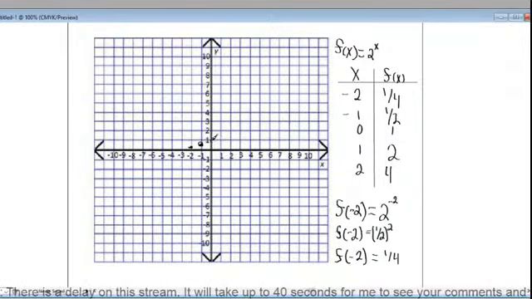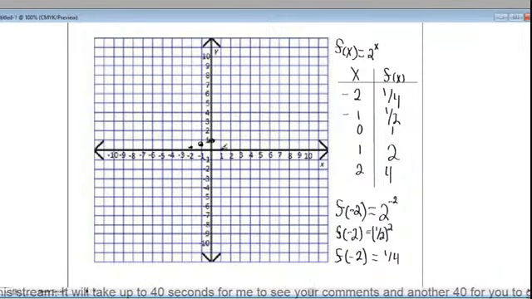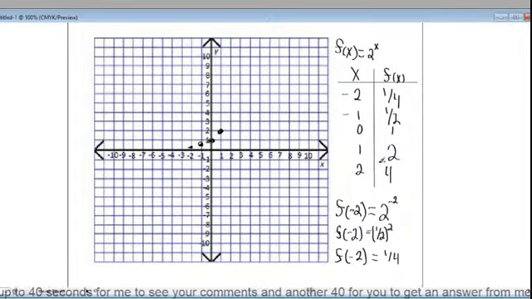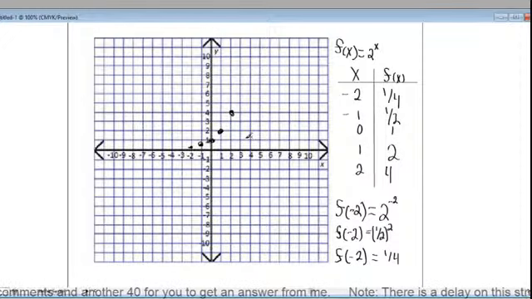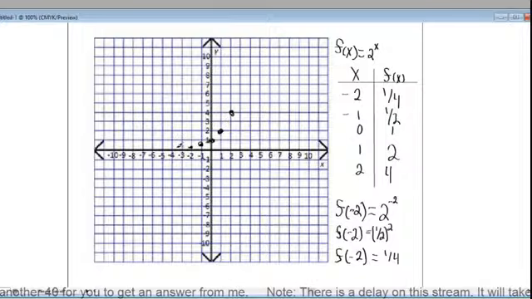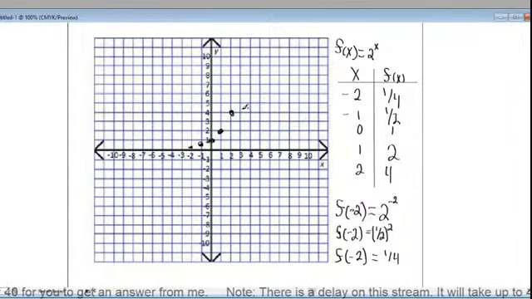So we have our first whole number, then 1, 2, and you might be able to see what's starting to happen here. 2, 4. So as we increase our x, our y is increasing what we call exponentially.